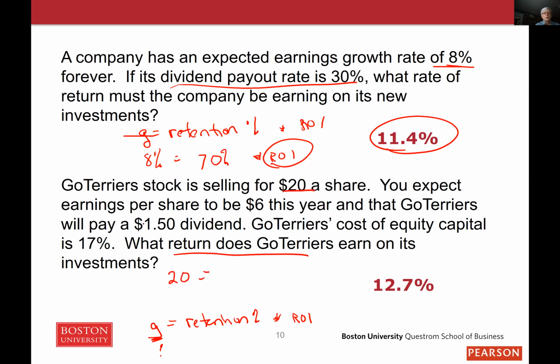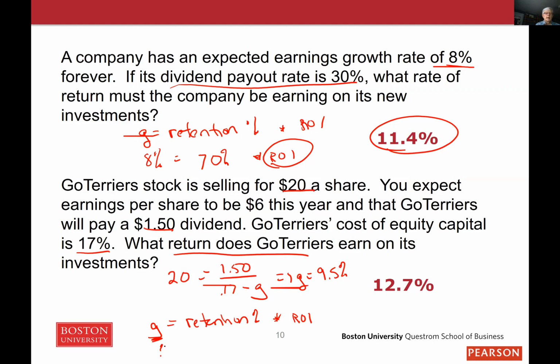price is going to equal the dividend divided by R minus G. So when you use this, you can solve for G equals 9.5%.